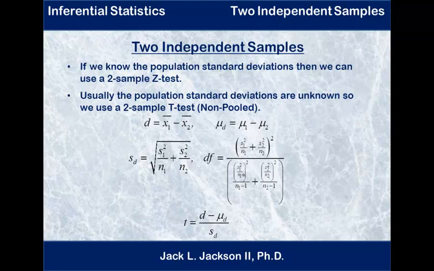So the t-test statistic is taking this difference in the x bars, D, subtract the difference in the mu's, which I call mu sub D, and divide by this standard deviation of the differences. And notice that does take into account both sample sizes.